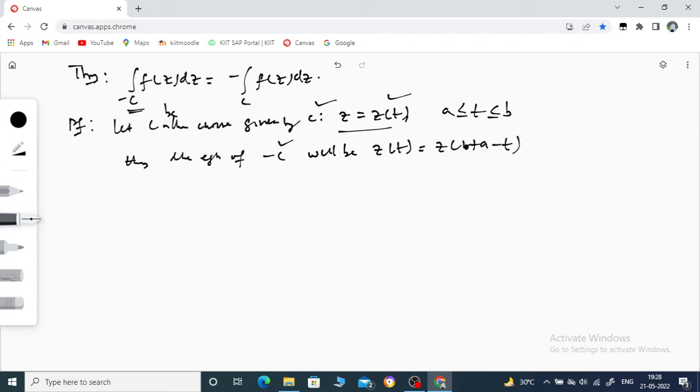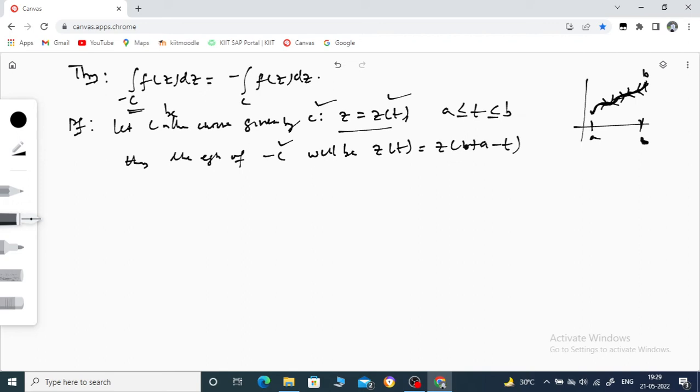That means if c is a curve going from position a to position b, then minus c will come in its opposite direction.